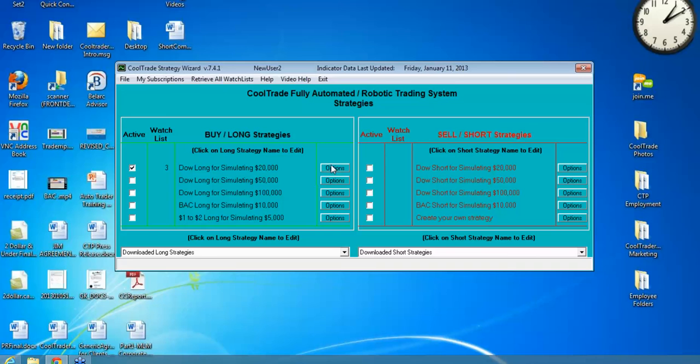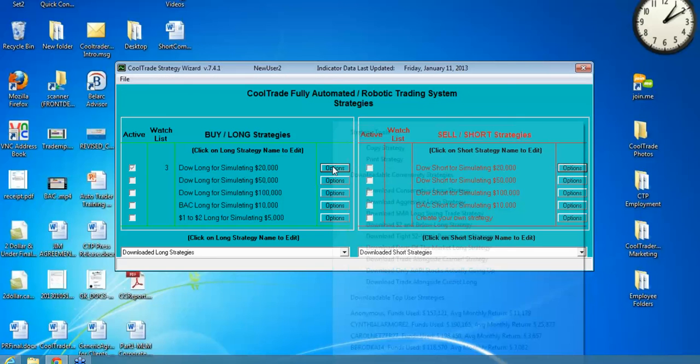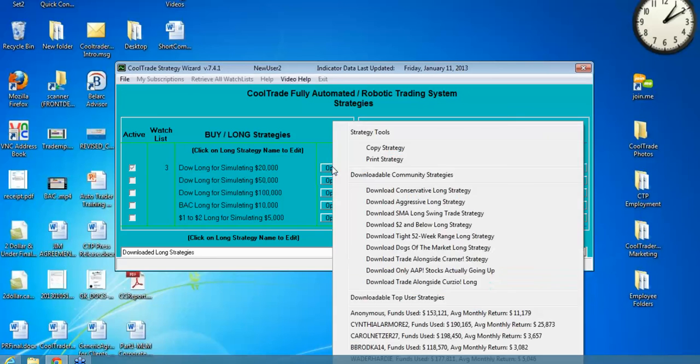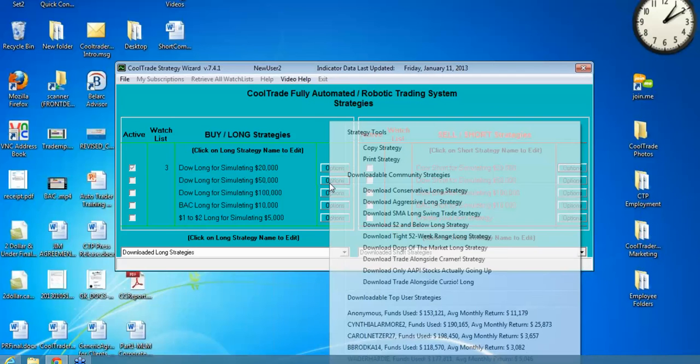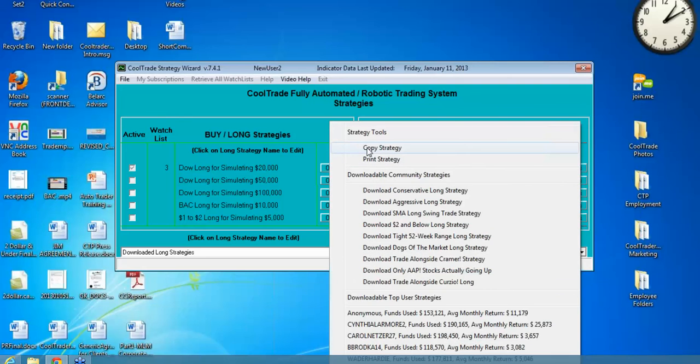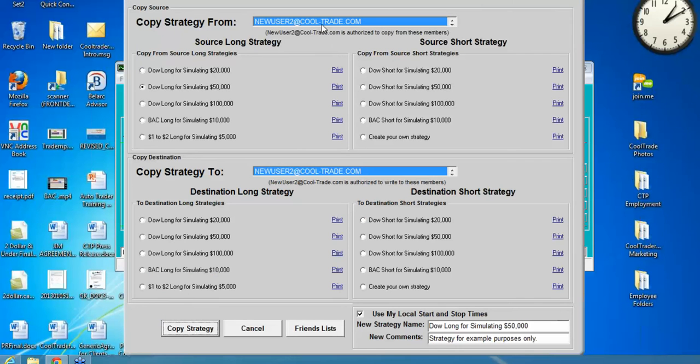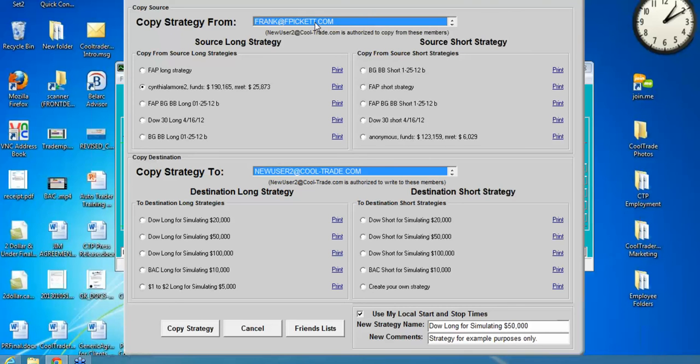And then, once that's done, you would open up your strategy wizard. You would click options next to the strategy you wish to replace, and you would click copy strategy. Then you would go up here and find that person you wanted to copy from.